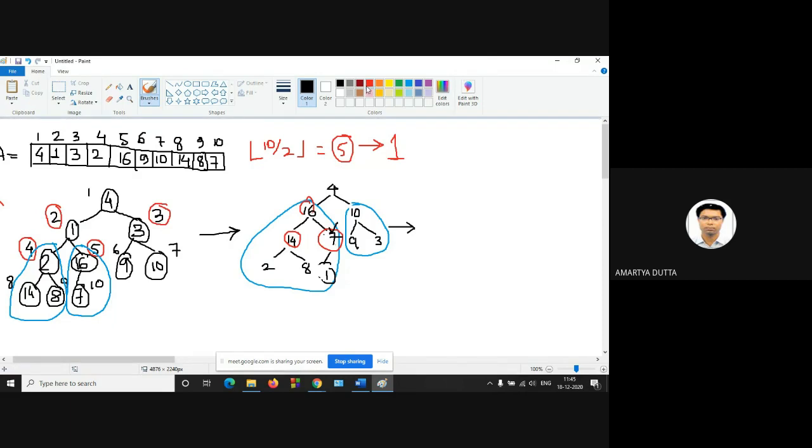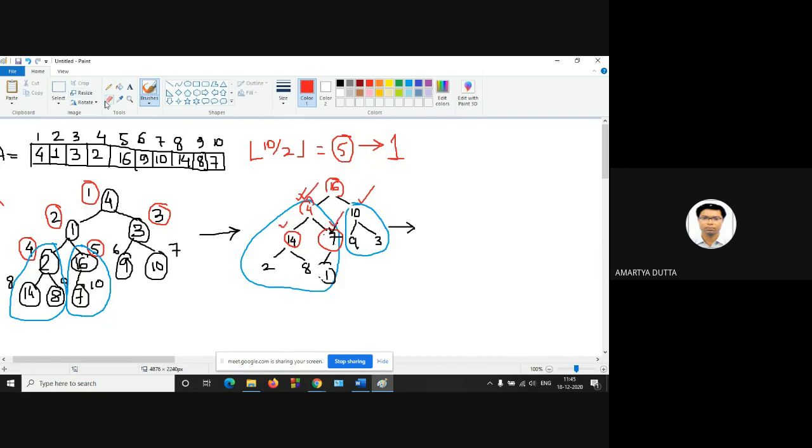At the next iteration, you have to consider i equal to 1. At i equal to 1, 4 has children 16 and 10. The max one is 16, so replace 4 by 16. So this will be your 16 and this will be your 4. Okay. Again, you have to check 4 with 14 and 7.